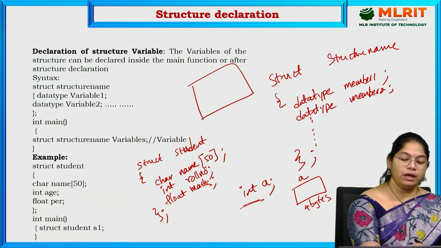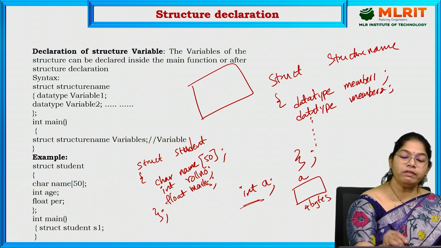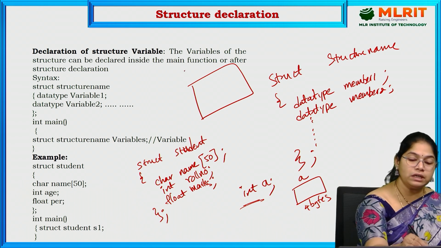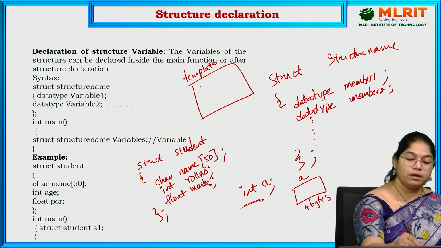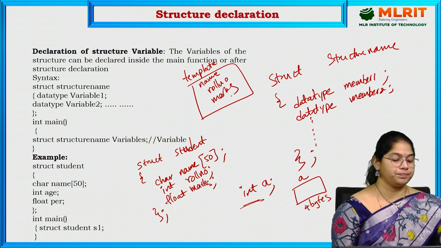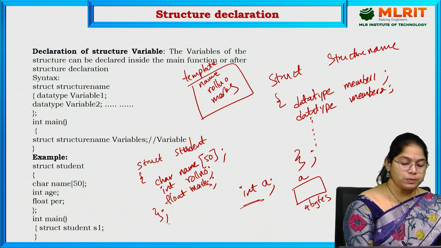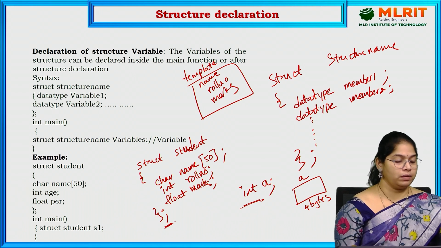The same here: the memory will not be allocated. It's just a template saying that this structure has members: student name, roll number, and marks. And a structure must end with a semicolon.